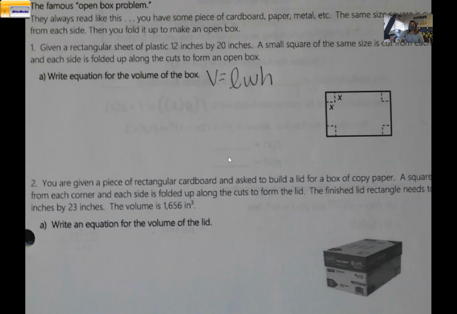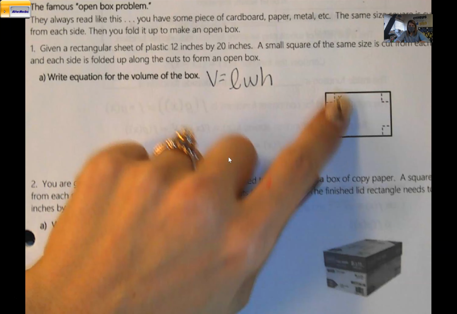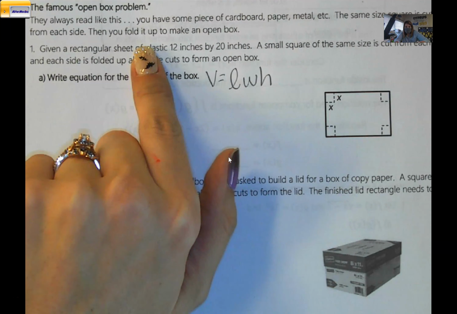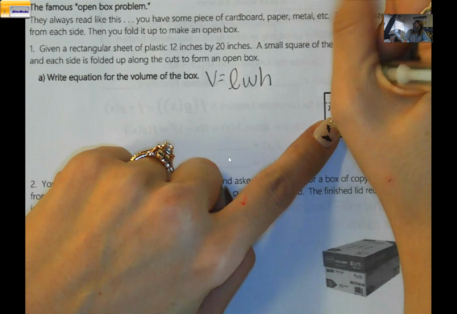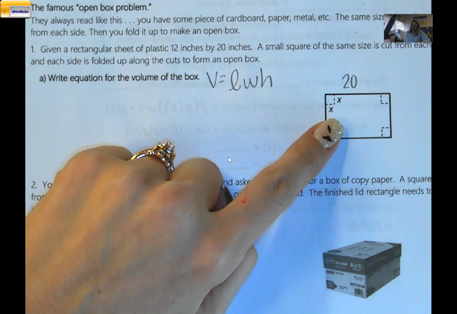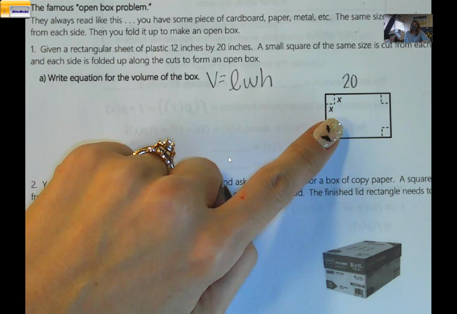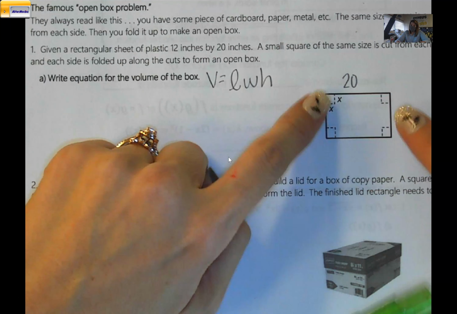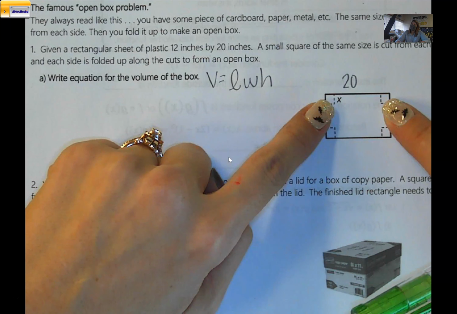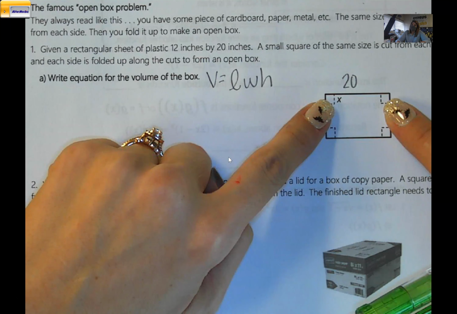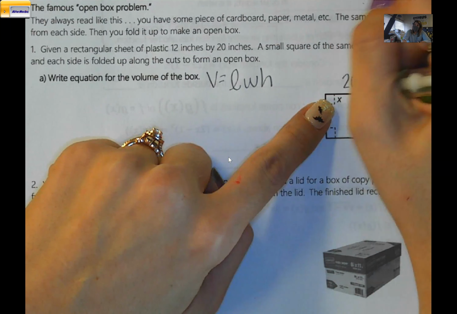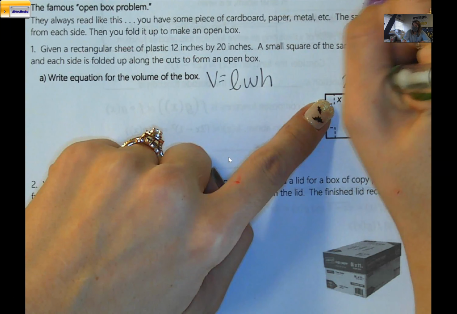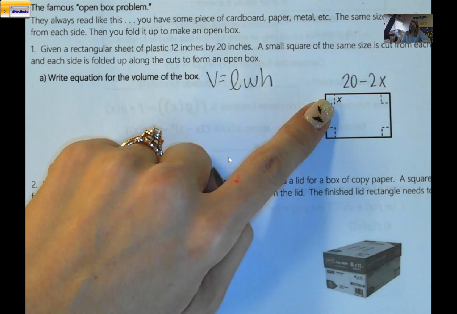Now, they tell us that the measurements are 12 and 20. So this one has got to be the 20 because it's longer. But notice on each end, I took out an X. So how many X's did I take out? 2. So the new length is 20 minus 2X.